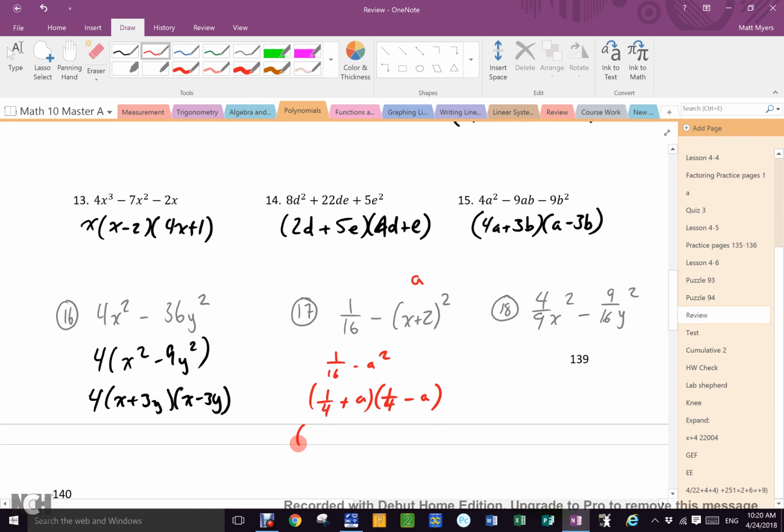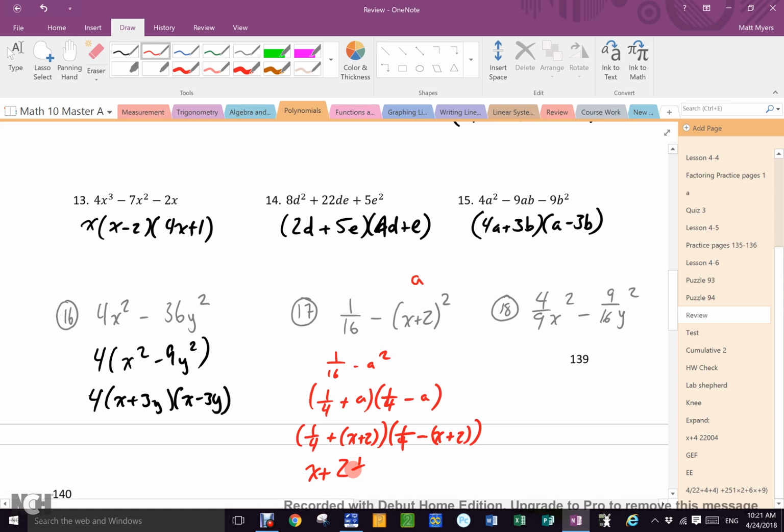But what's a? Plus x plus 2 and 1/4 minus x plus 2. So, what is 1/4 plus 2? It's not a trick question. It's 2 and 1/4, right?